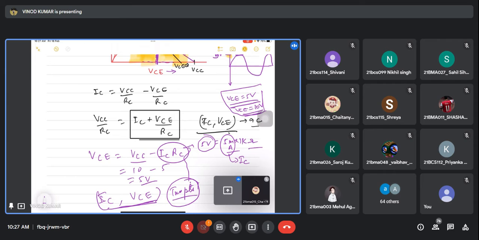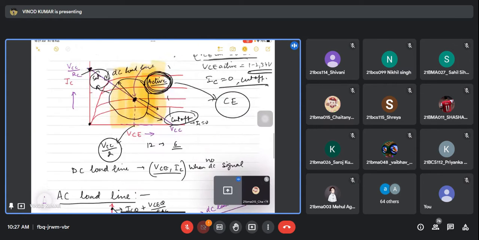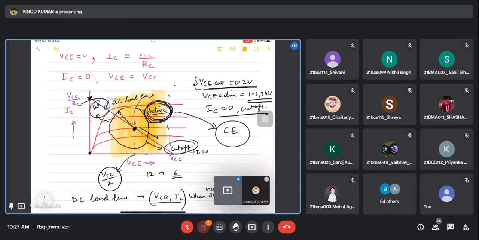So this is about the AC or DC load line. Load means this RC is nothing but a load basically. In this circuit, what is this RC? It is a load. You can also write it as RL. In its place there could be an LED, a bulb, a relay, any device, depending on how much drop you want across it.